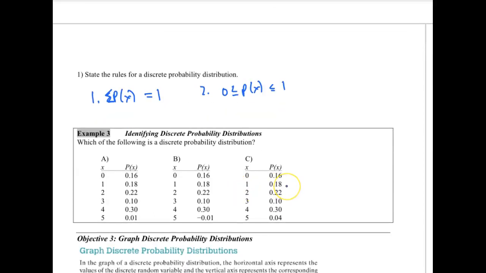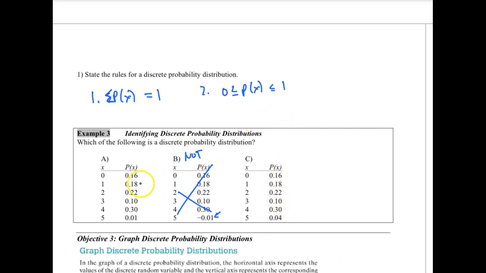And we'll end this section with this example, identifying discrete probability distributions. Which one is a discrete probability distribution? I can eliminate this one here since this is a negative value, so I know this is not one. And then all of these have values between 0 and 1, so that meets condition 2.